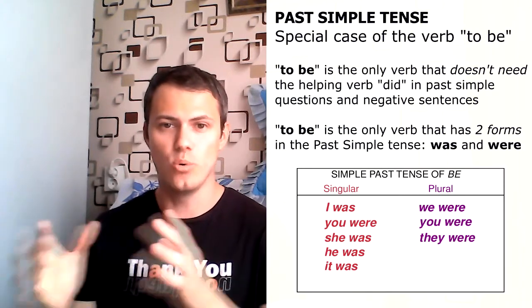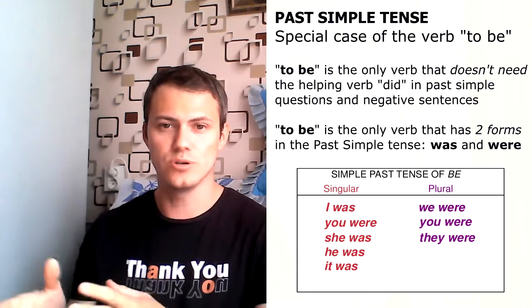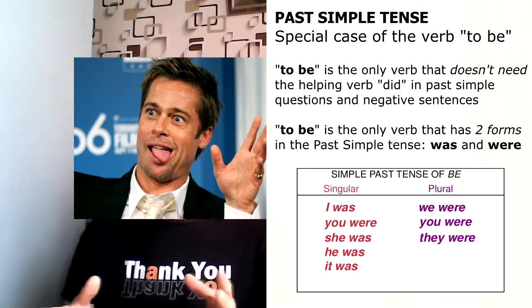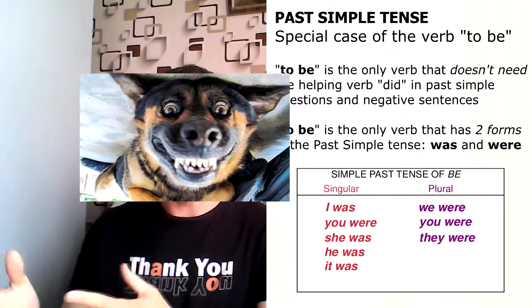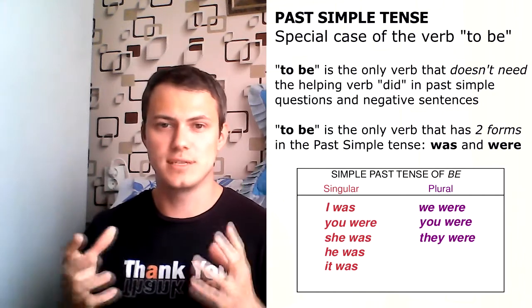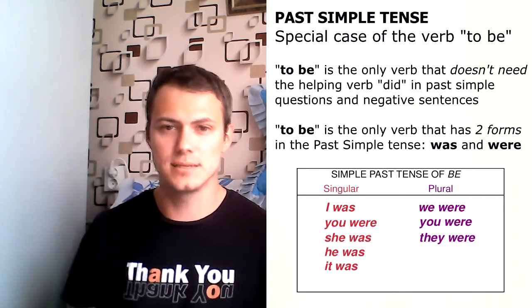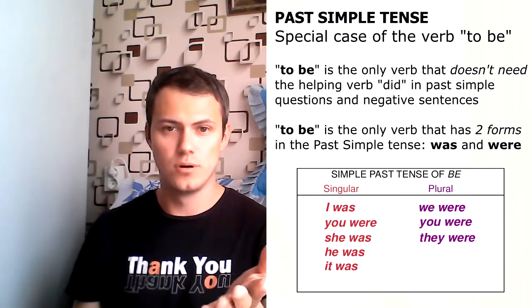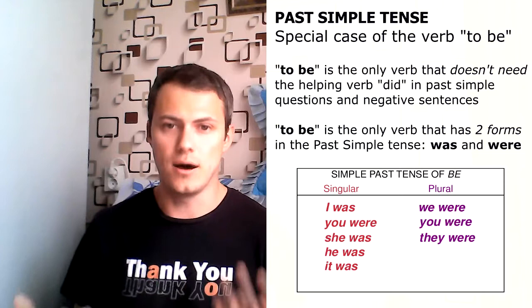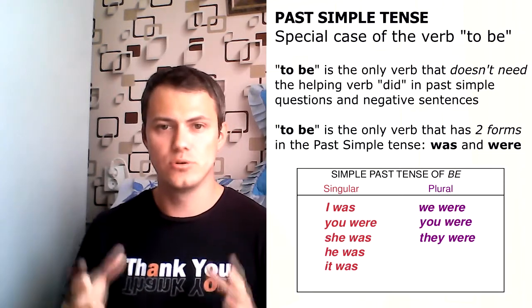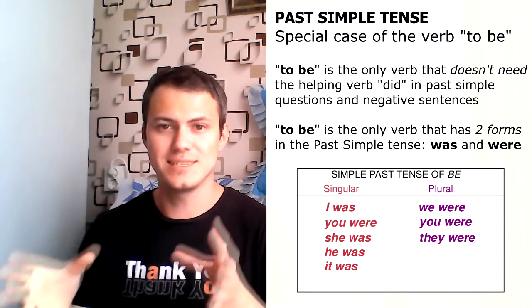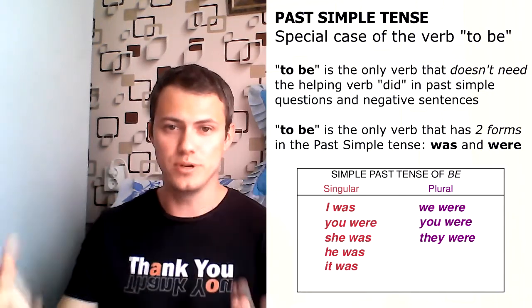I was, he was, she was, it was, Brad Pitt was, my dog was, and so on. If the subject of a sentence in the past simple tense is you, they, we, or any plural noun, we have to use were as the past simple form of the verb to be.